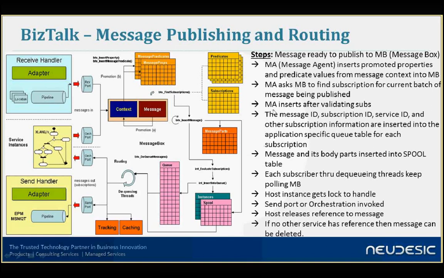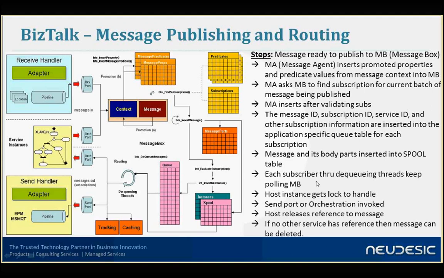Then the message agent inserts after validating the subscription: message ID, subscription ID, service ID, which is the orchestration instance or send port, and other subscription information are inserted into the application-specific queue table for each subscription.